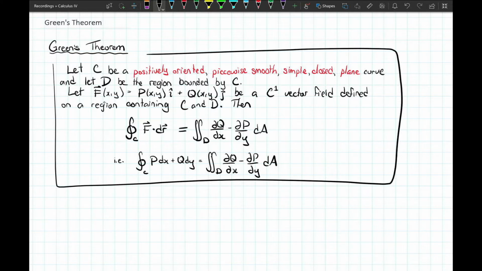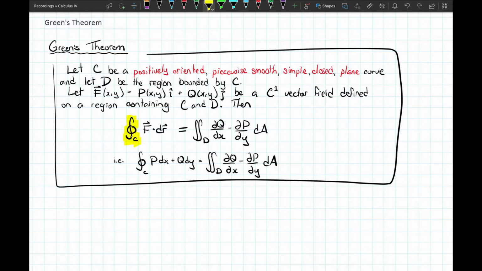And now let's introduce our field. Our vector field, in terms of xy, is simply going to be P and Q as our x and y components. And that's going to be a C1 vector field, meaning that P and Q are continuous and so are their derivatives on the entire region containing C and D. Well, that means that our line integral here is going to be over a closed curve.